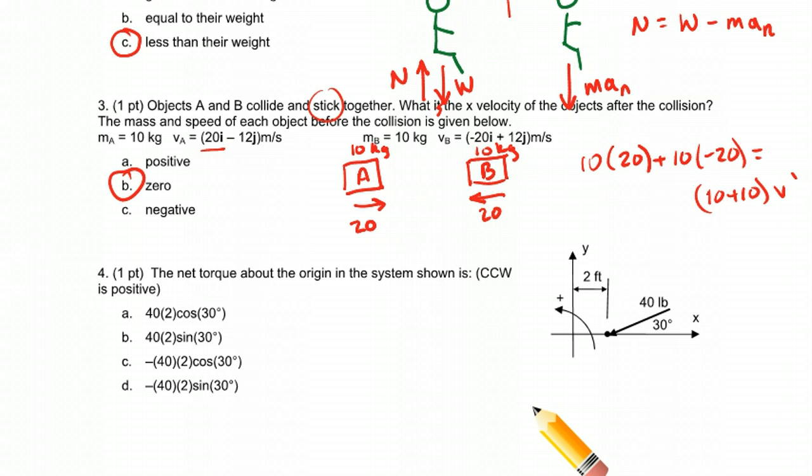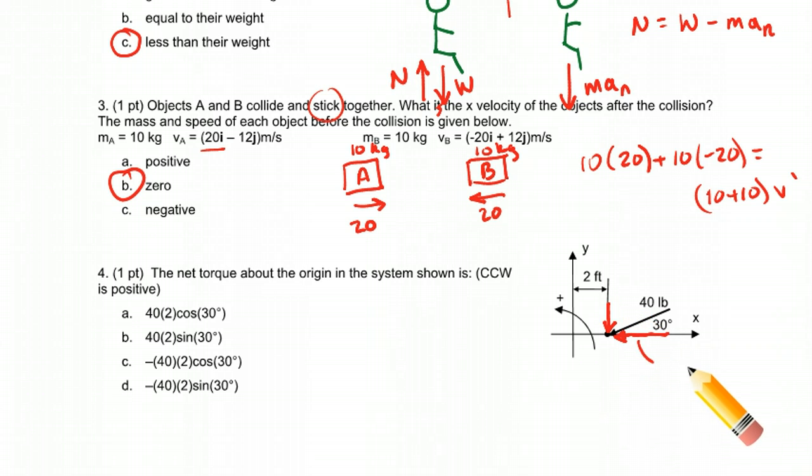And lastly, then we're asked about the net torque about the origin of the system shown, counterclockwise being positive. Usually when we had angled forces and horizontal and vertical dimensions, we broke the force into components, so I will do that here. This will have a downward component, and I'll draw the horizontal component here because it's important to apply them at the same point.